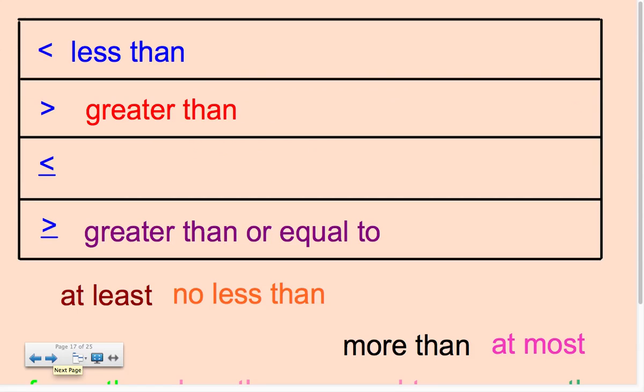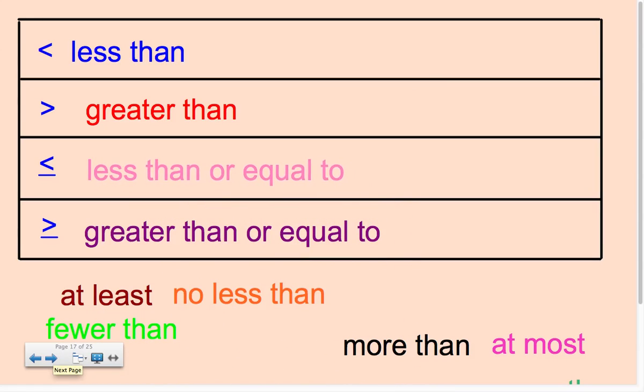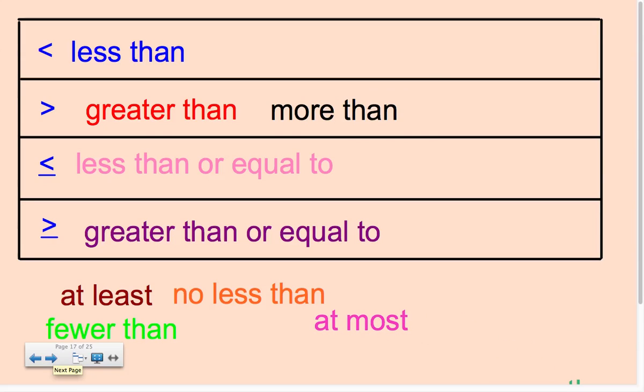We're missing one, it must be on the bottom here. That's fewer than, less than or equal to. That was the one I was looking for. It was hiding on the bottom. Okay, more than, that one's not too bad. That one's greater than. At most. Okay, so let's go on with these last ones. Fewer than, that was the other one I was looking for.